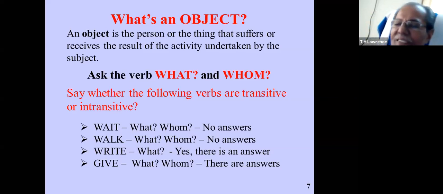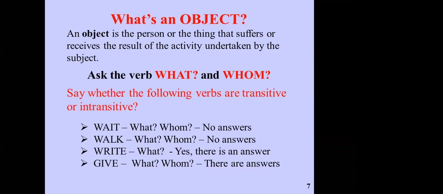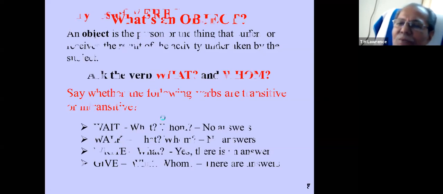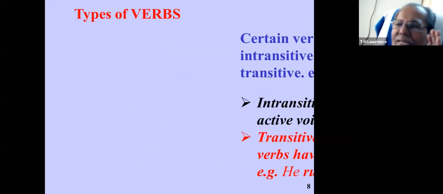So from this you can come to know that wait and walk are intransitive verbs, while write is a monotransitive verb and give is a ditransitive verb. Understood? So this is how we understand transitive and intransitive verbs in terms of an object. Let's now go to the next slide and see.